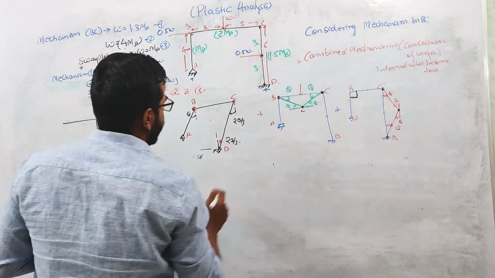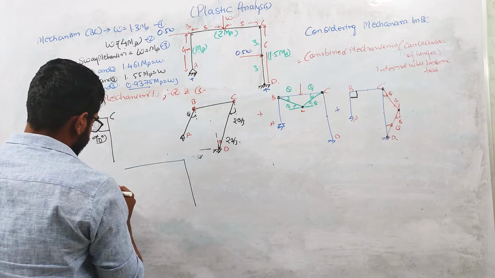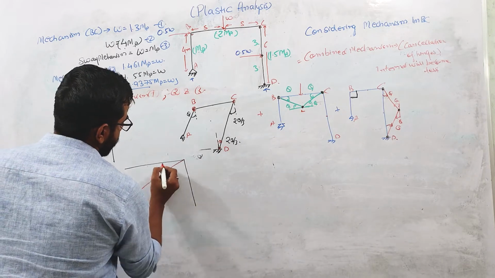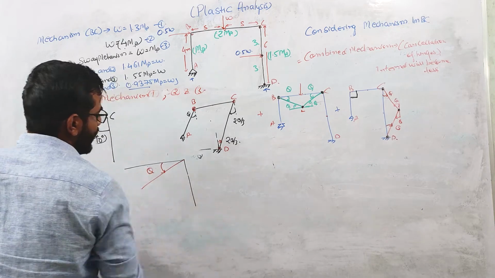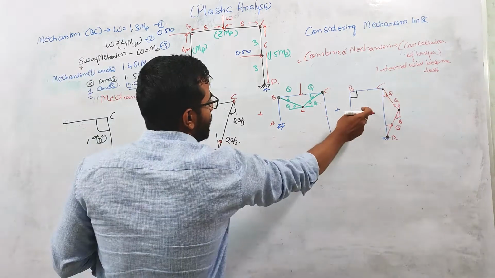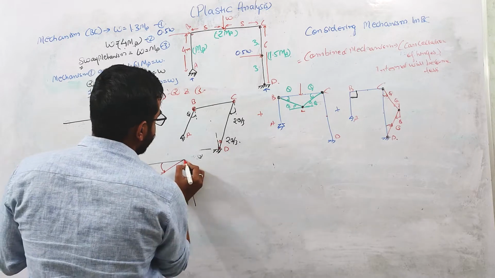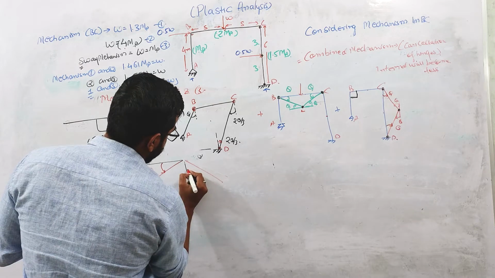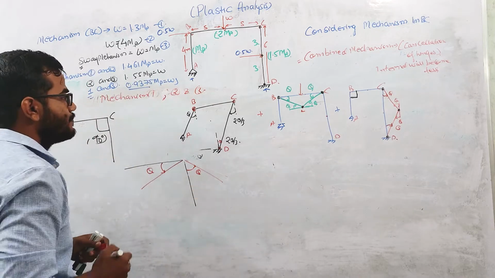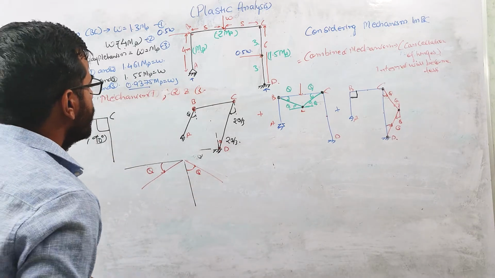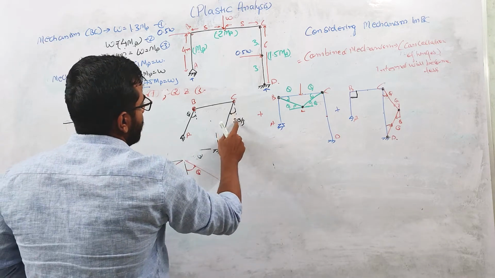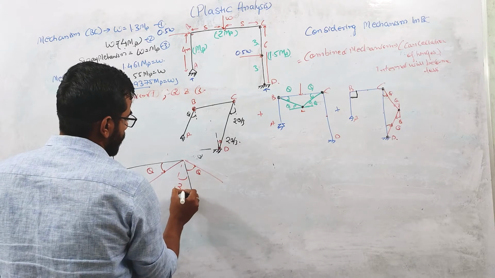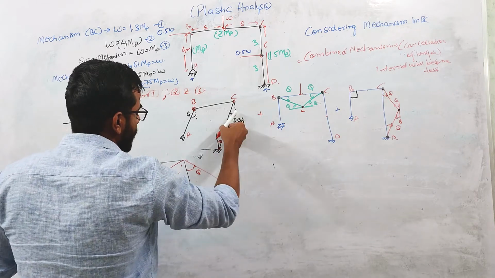Now in this beam mechanism, we see that this member is rotating by theta amount in the anticlockwise direction. Similarly, in the beam mechanism in this column, this member is rotating by theta amount, and this member is rotating by 2 theta by 3. This member is coming by 2 theta by 3.